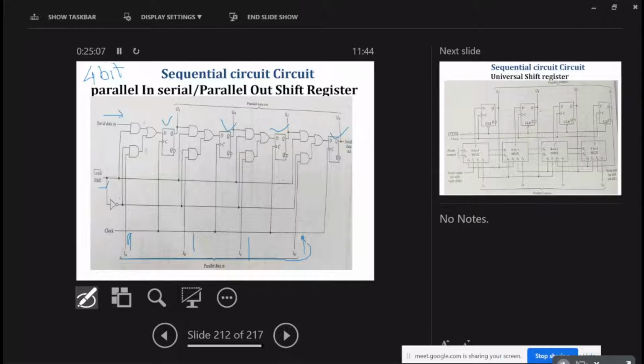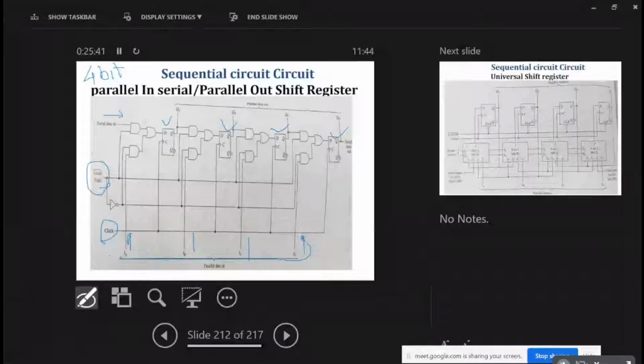One common terminal is used here, the load or shift terminal, with which we can input information either in parallel form or in serial form. There is also one common clock pulse provided here. This indicates a positive edge trigger. Whenever you see a bubble with this symbol, that becomes a negative edge triggered flip flop. So this is the difference.